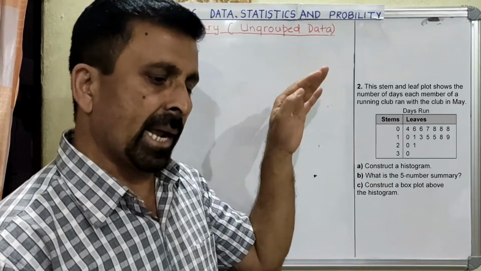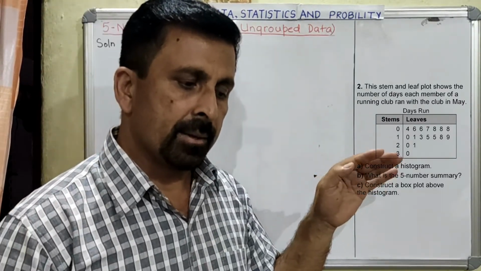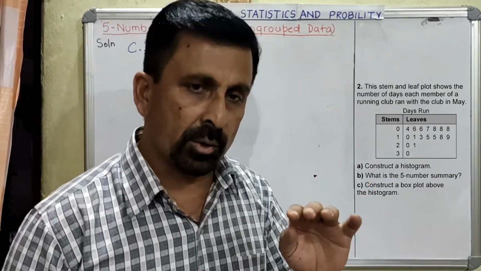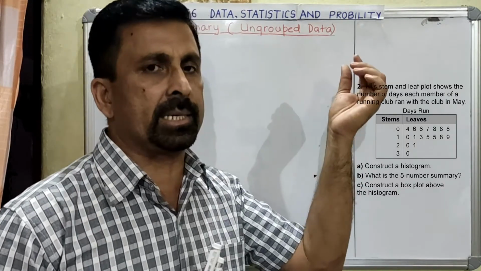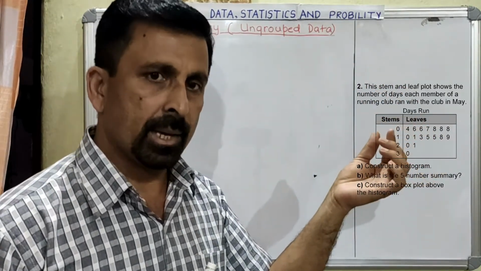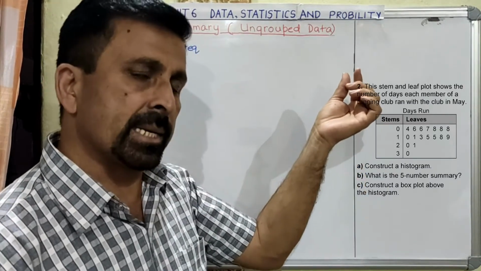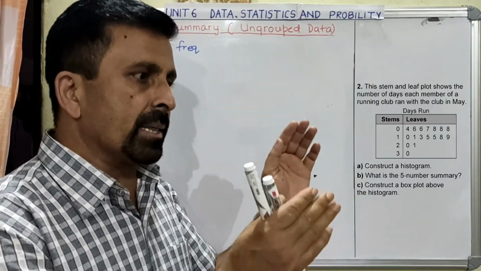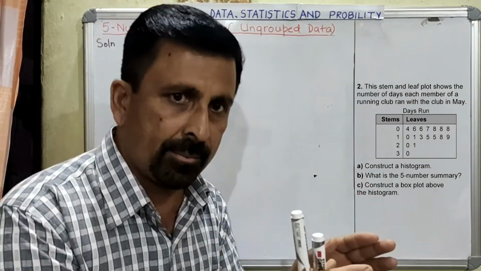The second stem is 1. What you notice here is that you have 1 digit in the stem and 1 digit in the leaf. When you combine the 1 digit from the stem and the 1 digit from the leaf, it gives you a 2-digit number.